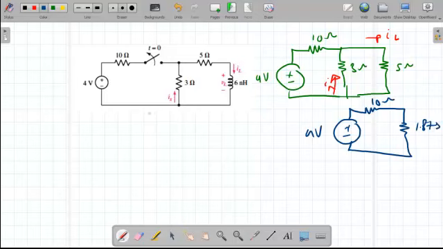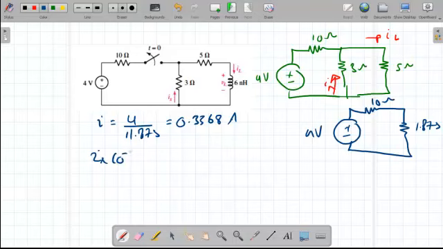Now we can find the total current. The total current I will equal 4 over 10 plus 1.875, so 11.875, so it equals 0.3368 amp.